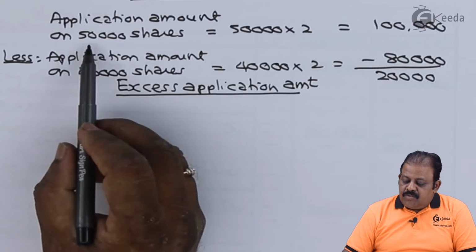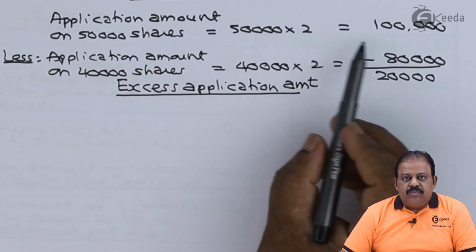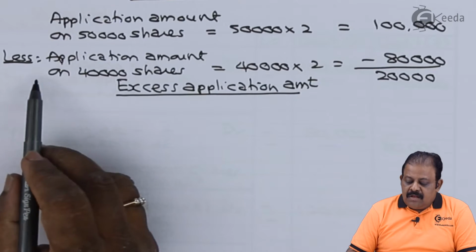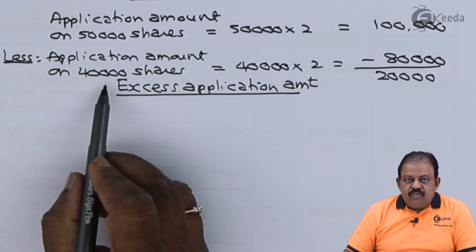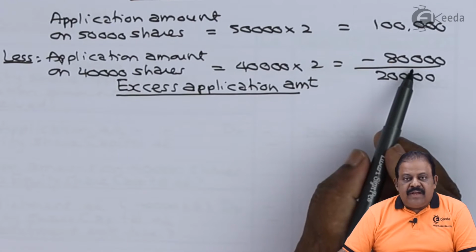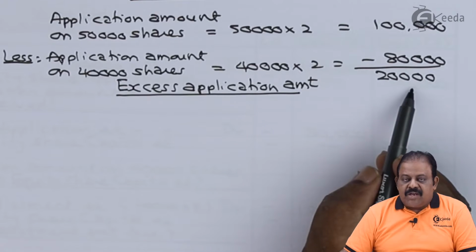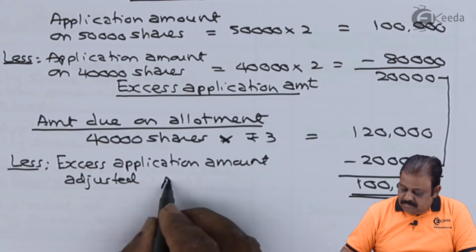Total application amount on 50,000 shares: 50,000 multiplied by 2, 1 lakh. Less application amount on 40,000 allotted shares: 40,000 multiplied by 2, 80,000. 1 lakh minus 80,000, excess application amount is 20,000.